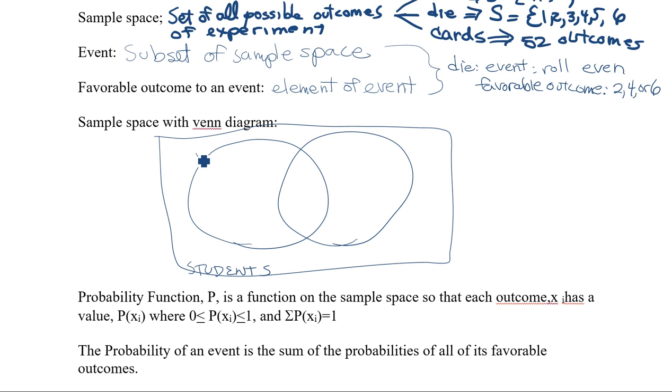I might have one loop for students that are wearing jeans, and another loop for students that are wearing glasses. I might have some students that are just wearing jeans, some wearing both, some just wearing glasses, and some that aren't wearing either. And so it's just a way of organizing that sample space.